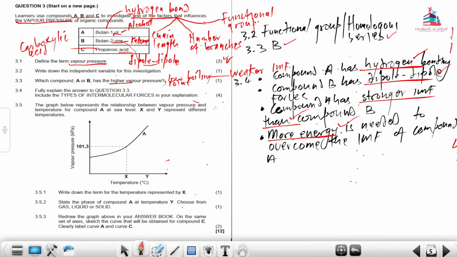If the organic compounds you are referring to or comparing belong to different homologous series, definitely you need to state the type of intermolecular forces that are found. At the very same time, compare the strength and the energy.